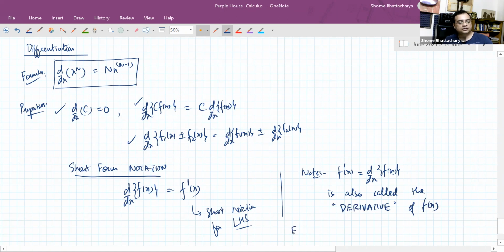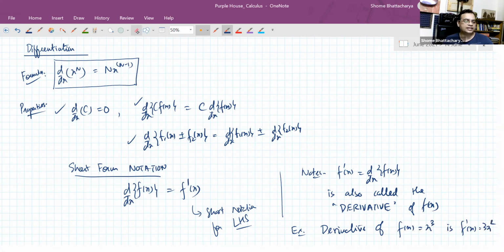So for example, we say that the derivative of, let's say, a function x cube is 3x square. So 3x square is the derivative of the function x cube. That's just another way of expressing these terms.